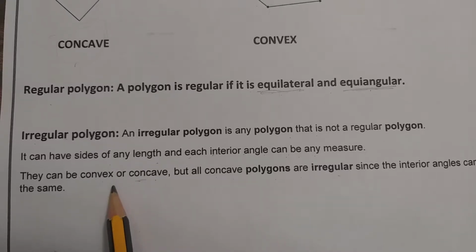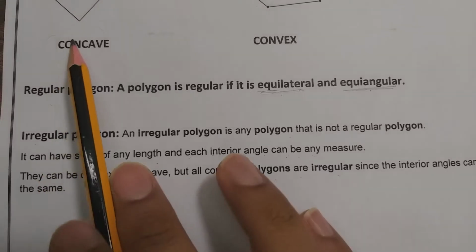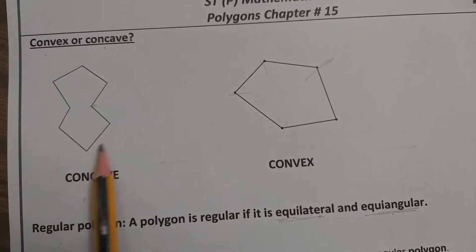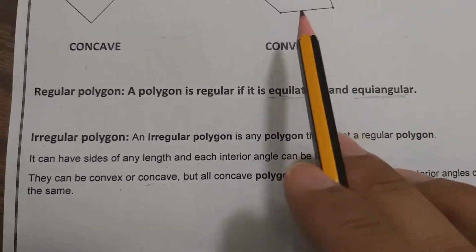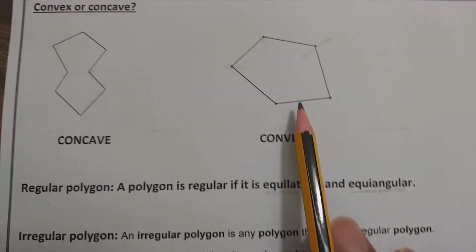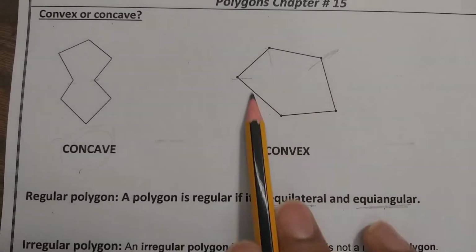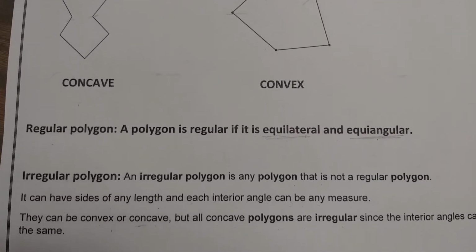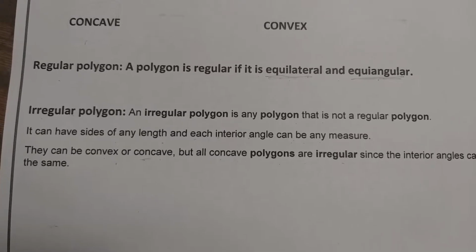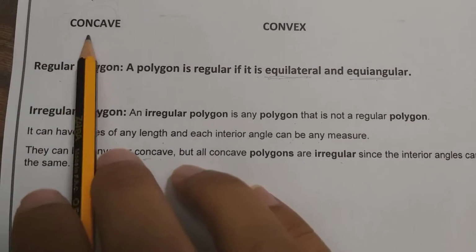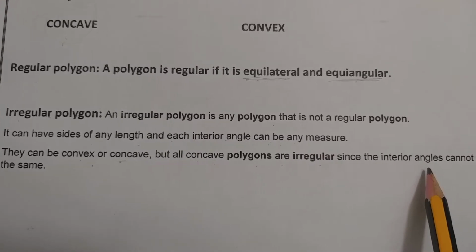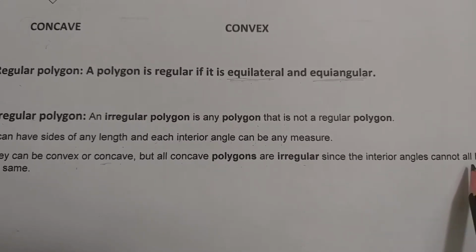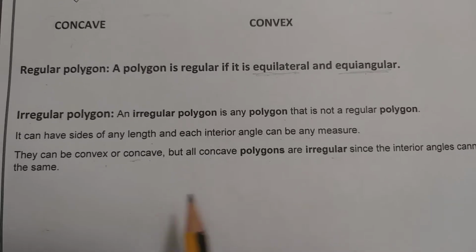Convex can be regular or irregular, but concave is always an irregular polygon, since the interior angles cannot all be the same.